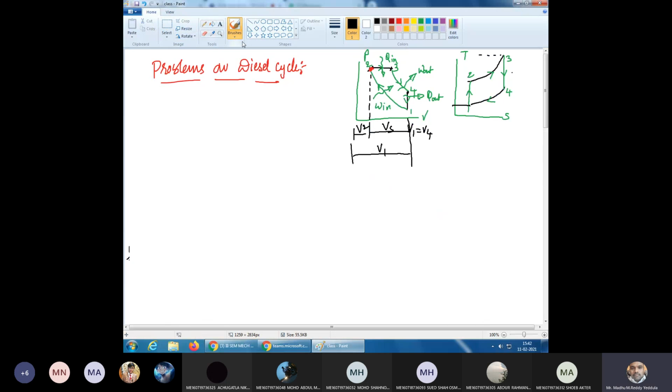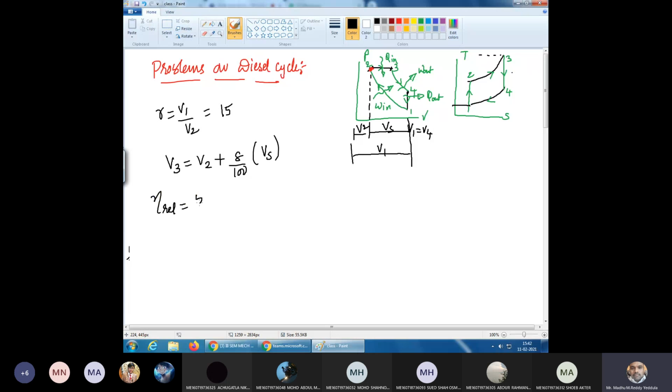An engine working on the diesel cycle has a compression ratio V1 by V2 equal to 15, and the fuel supply is cut off at 8% of the stroke. That is, fuel supply cutoff is V2 plus 8% of Vs. Agree? And the engine has a relative efficiency of 50%.